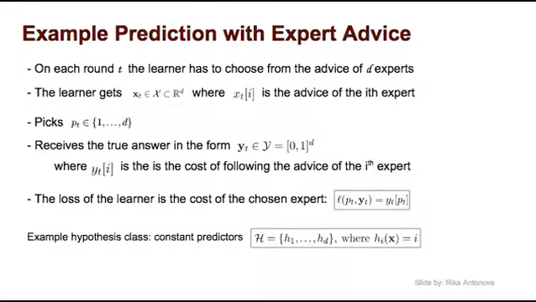So let's give a very basic example of an online learning problem. Here I'll be presenting prediction with expert advice, a very basic online learning problem. At each round t we have the experts, and the input data we get is the advice from all the experts, denoted as xt.